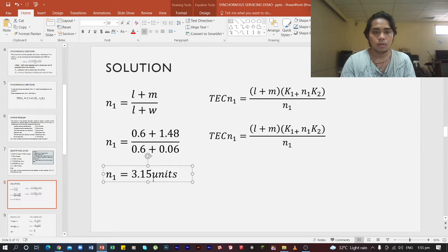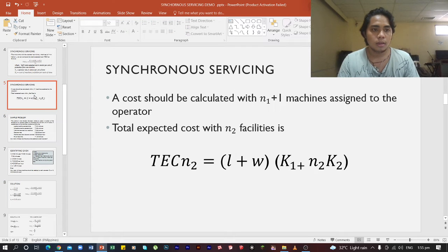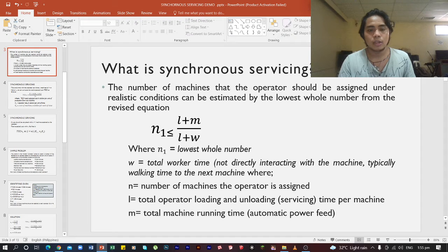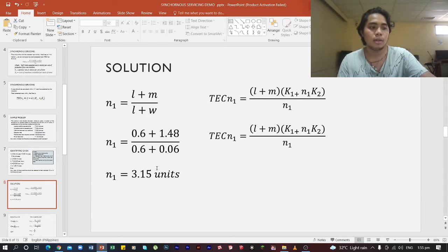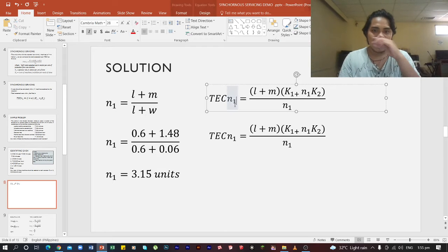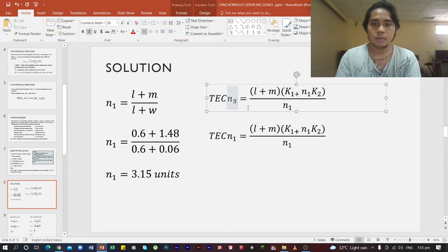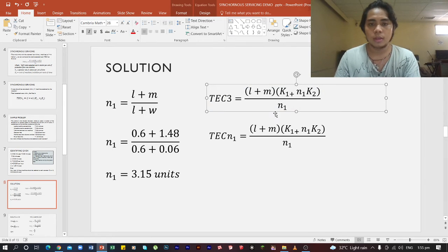But we don't use 0.15, because here N1 is the lowest whole number, which is 3. So 3 is the whole number right there. So N1 is equal to 3, right? Let's get that N1 equals 3.